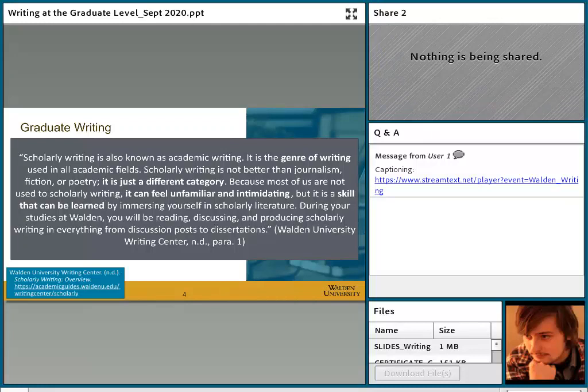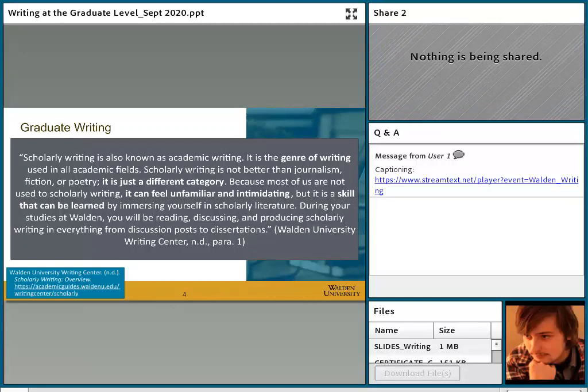The last thing is this notion that immersing yourself in scholarly literature can help you with this learning, or gaining this knowledge, better said. And what I think is important about this portion is that it shows the relationship between reading scholarly works and improving your own scholarly writing.